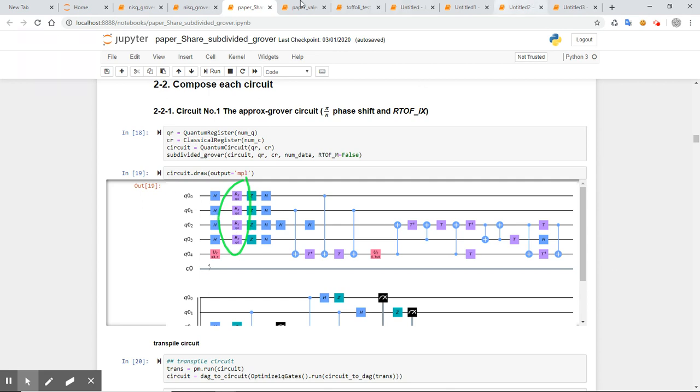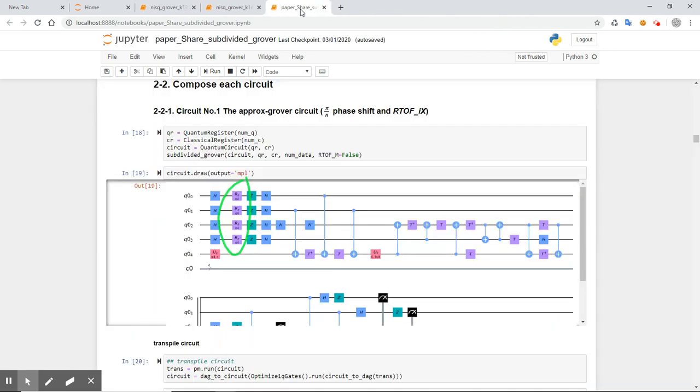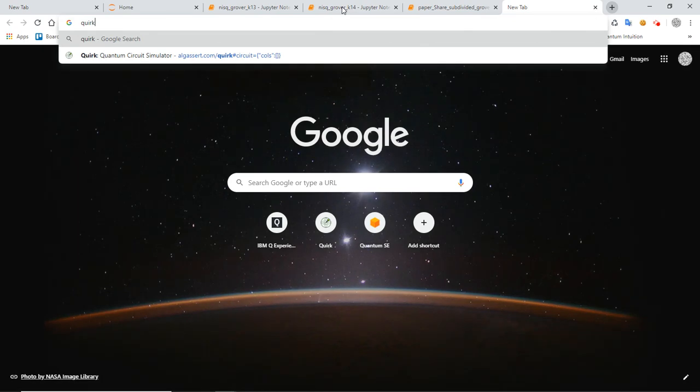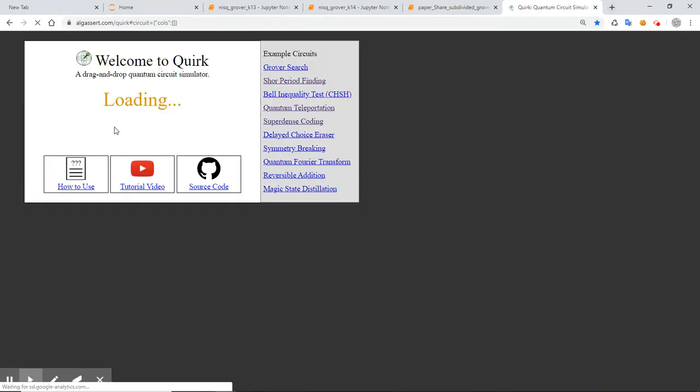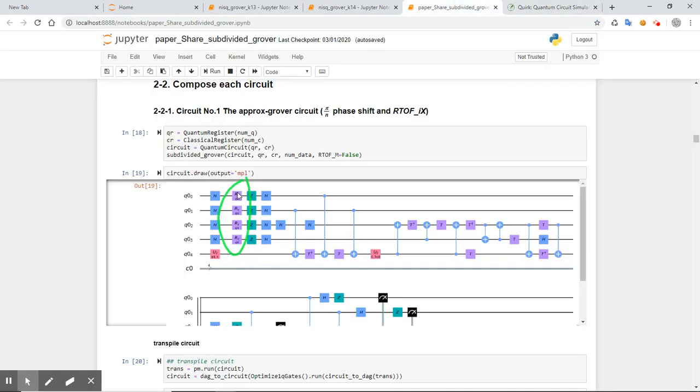So first of all, let me open the... This has been a topic that's been bothering me for a long time. I think it's rather a lack of conceptual clarity than anything else. We talked about the RZ gates, right?